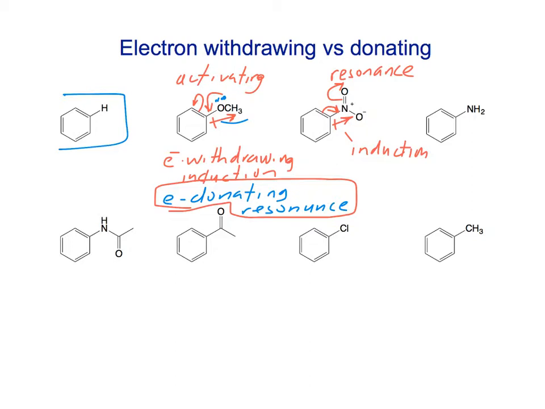They're both pulling electron density out of the ring. So a nitro group is a very strong electron withdrawing group, and so it would be a deactivating group.